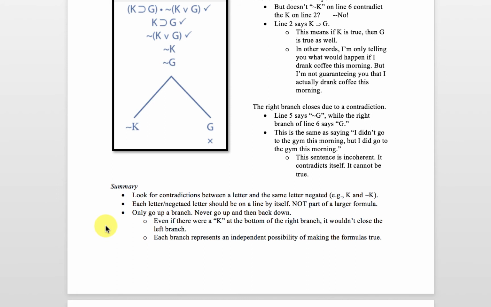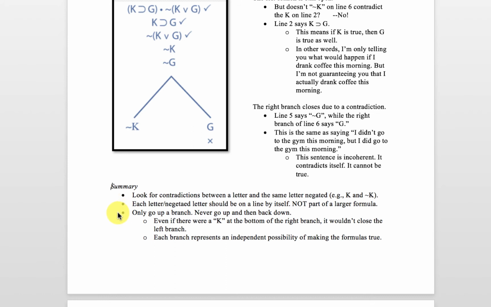To summarize our discussion of how to find contradictions in truth trees, the first bullet point: look for contradictions between a letter on a line by itself and the same letter negated, such as K and not K. And you want both of those to be on lines by themselves. That gets into the second point. Do not count it if the letter is part of a larger formula.